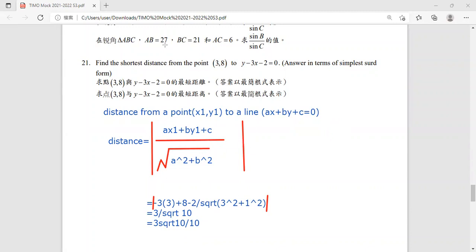Any question? Okay. Now the method. Don't mind the answer, just go to the method. You got the method and you got the answer.